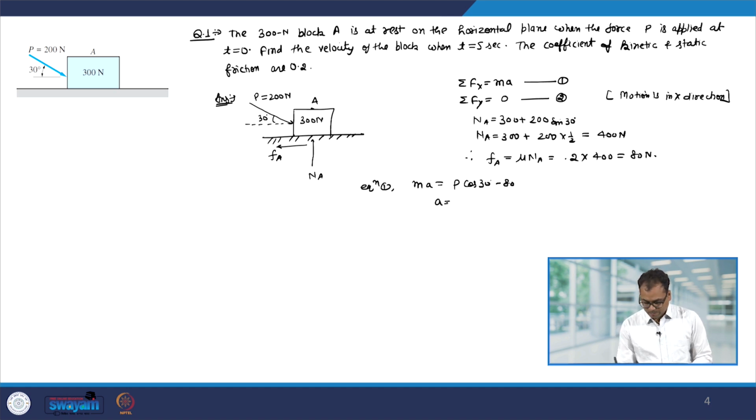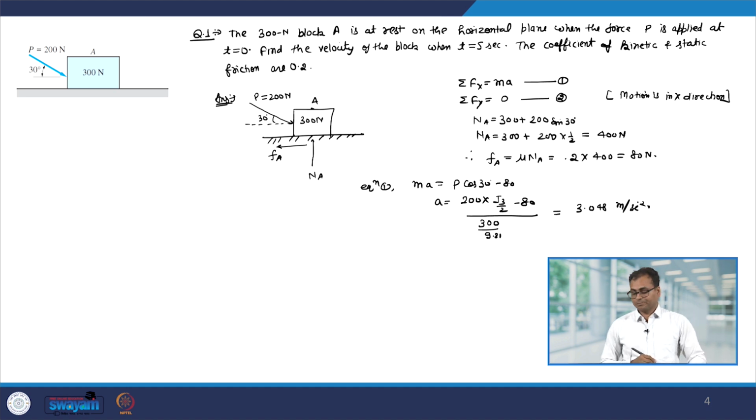Therefore, a becomes 200 into cos 30, which is square root 3 by 2, minus 80, divided by the mass of the object. So, weight is 300, so we have to divide it by 9.81, and this gives you 3.048 meter per second square. So, this is the acceleration.